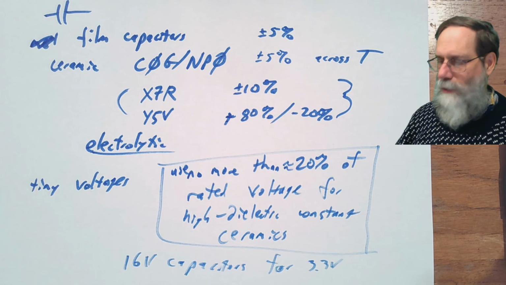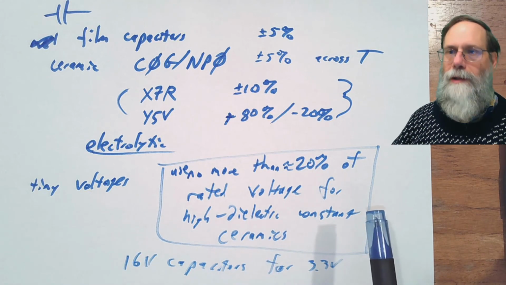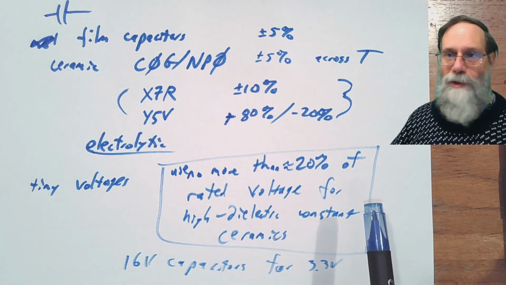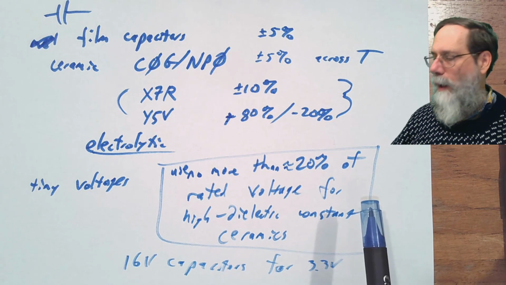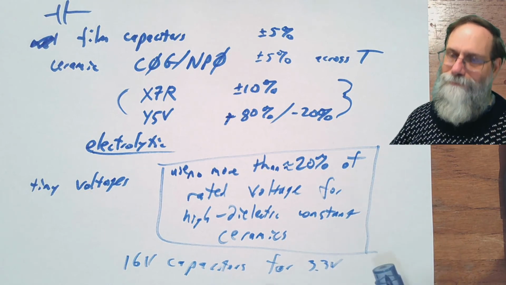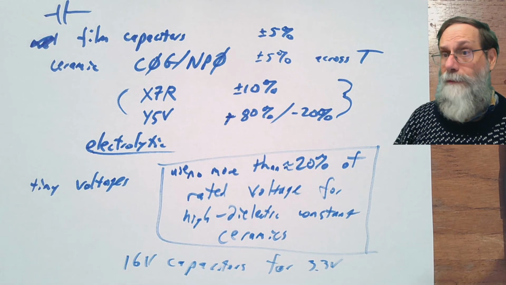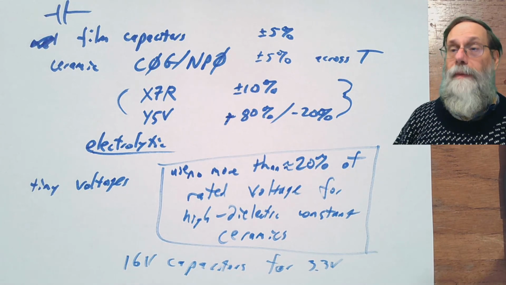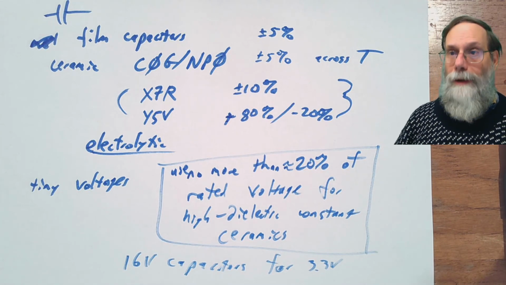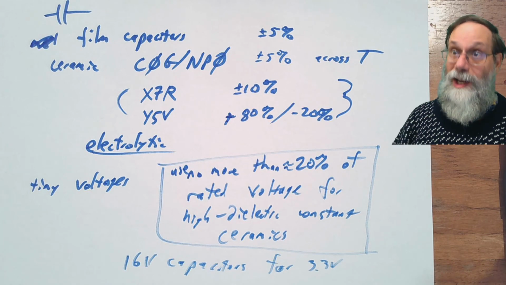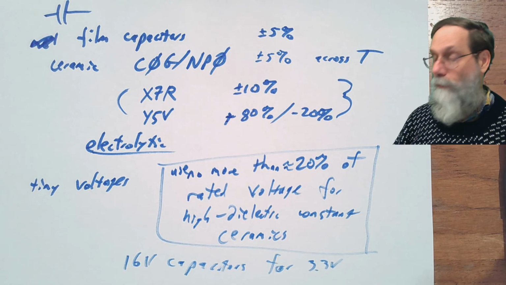Then you don't have to do this no more than 20% because if the capacitance drops somewhat, it's not a big deal. And it's only if you're trying to use this thing for something like a filter, then you care about, all right, I want this thing not to change its value with the voltage.